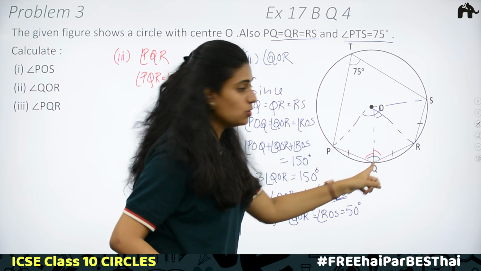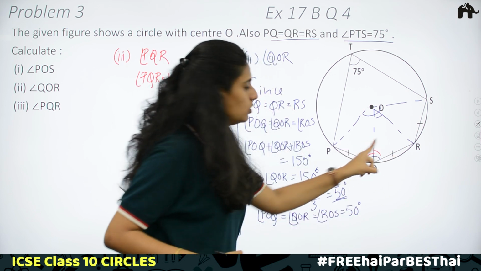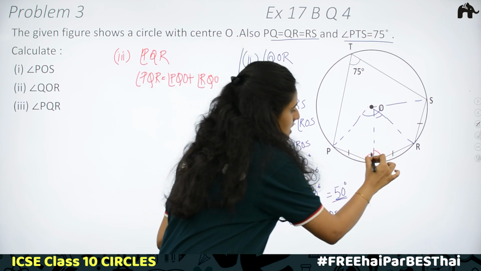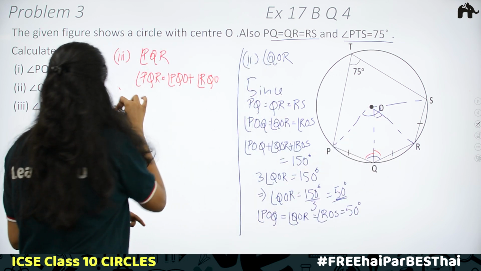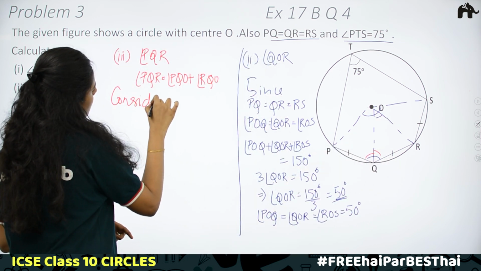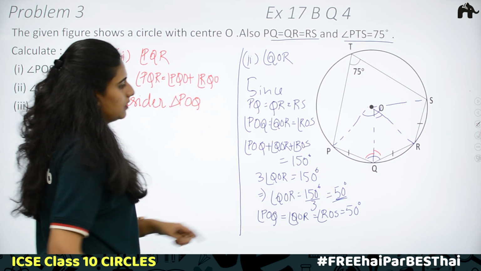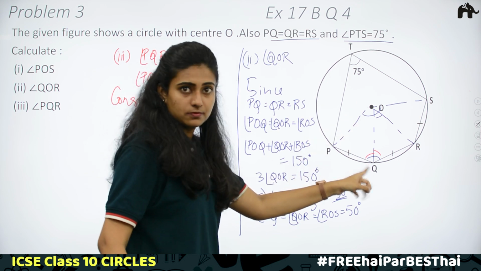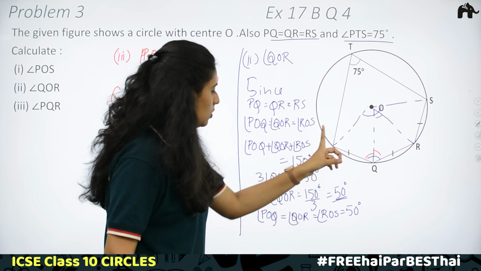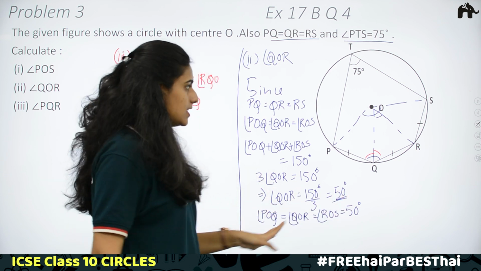On adding these two, we get angle PQR. Now, we will separately find both these angles. For that, this angle belongs to triangle POQ. Yes, consider triangle POQ. In this triangle POQ, we have angle POQ. What is POQ? POQ is equal to QOR is equal to ROS is equal to 50 degrees.